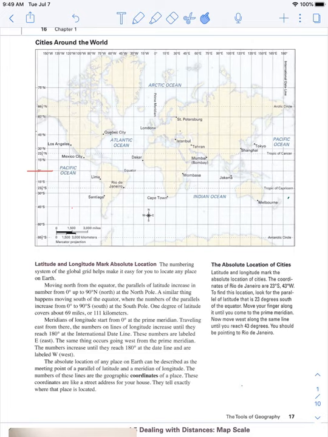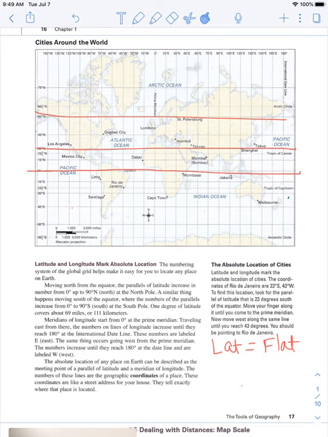Remember, one of the easy ways to remember this is lat equals flat. My flat lines are my lines of latitude. Now, my lines of longitude run pole to pole.